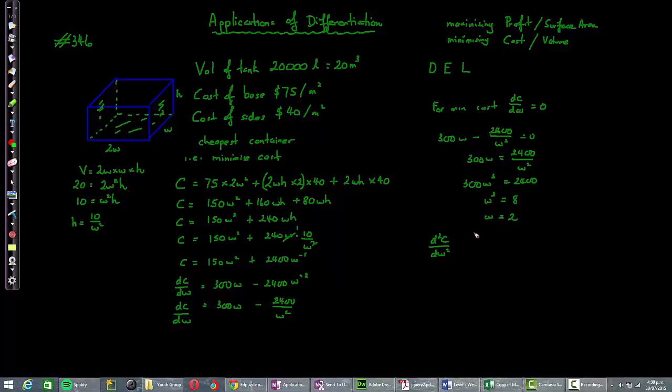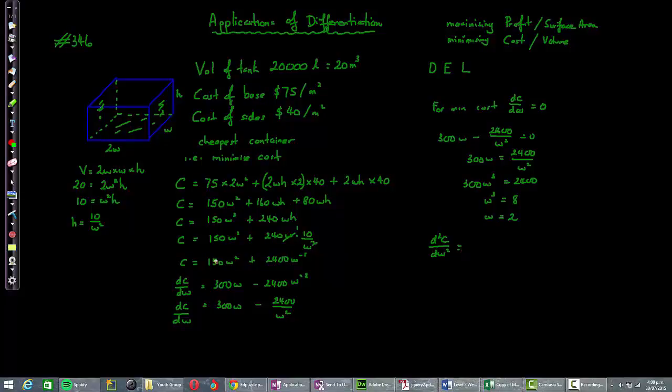Sometimes in the NCEA exam they say something like, you can assume that the second derivative, now for a minimum we want the second derivative to be greater than 0, is greater than 0. Well, they haven't told us that here, so we're going to have to do it.